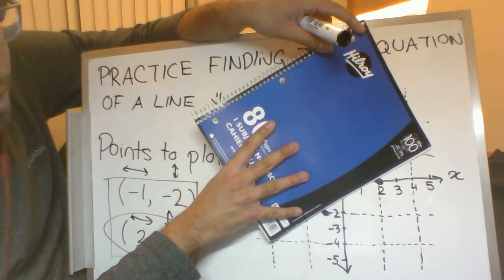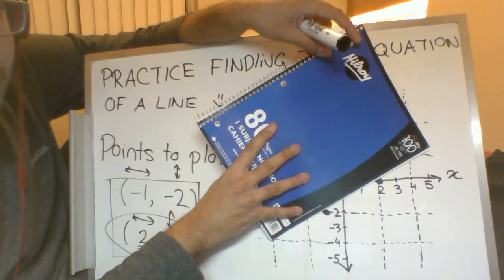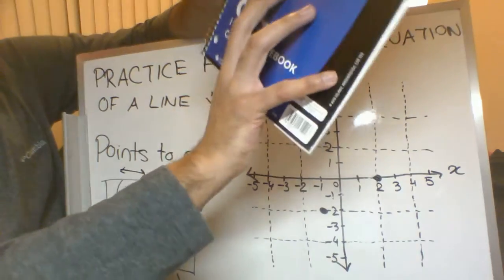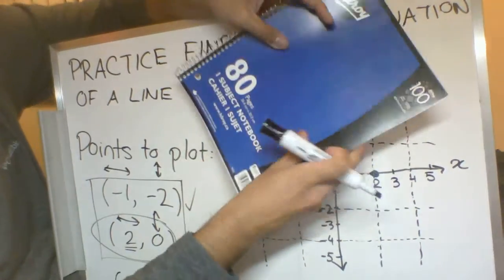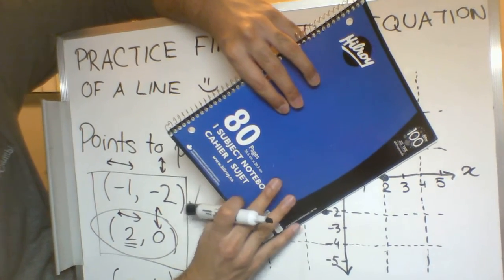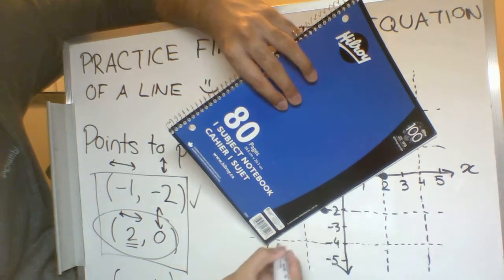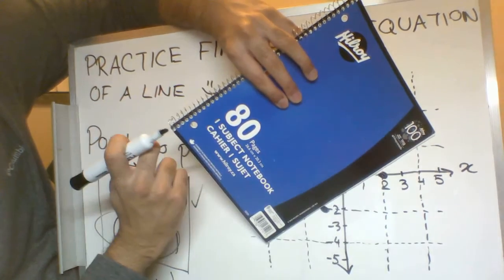I just need to find 2 points that are on my line and then graph it from there. I won't be able to hold the notebook steady while I'm trying to draw the line, but just to give you an idea of what I mean, if I hold the notebook here like this, I could then use that to draw my line across right there, and I would be done.